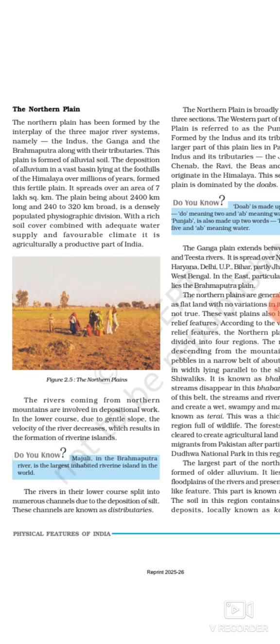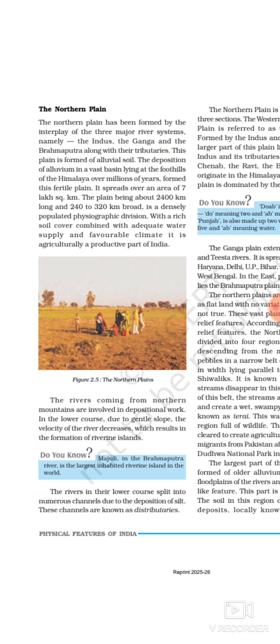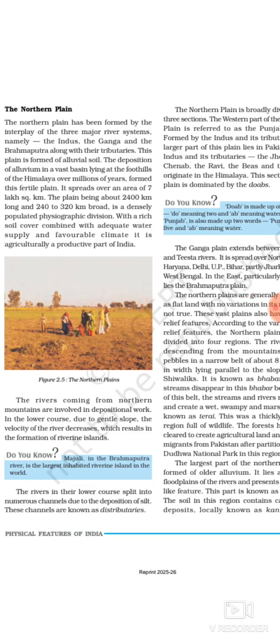The rivers in their lower course split into numerous channels, and these channels are known as distributaries. Do you know, Majuli in the Brahmaputra river is the largest inhabited riverine island in the world.